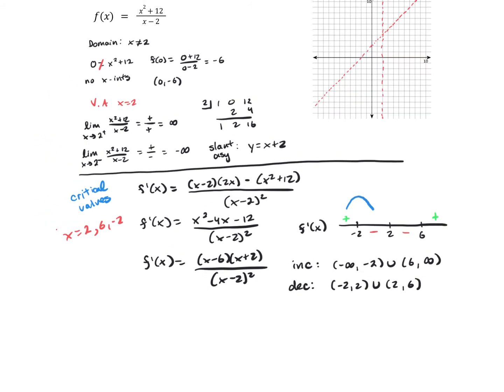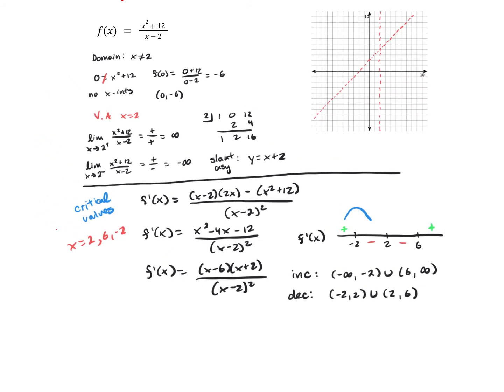So we'll go back and plug that value into our original function, way back up here into f of x. So f of negative 2 gives us 4 plus 12 over negative 4, so we get negative 4. So we have a relative max at (-2, -4).